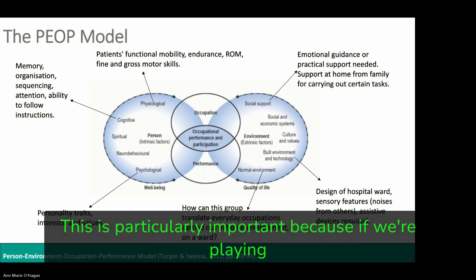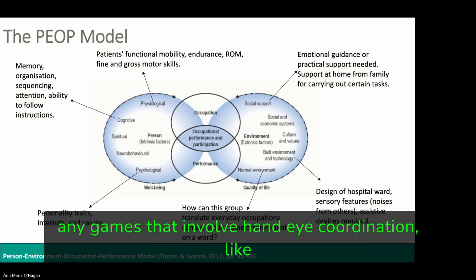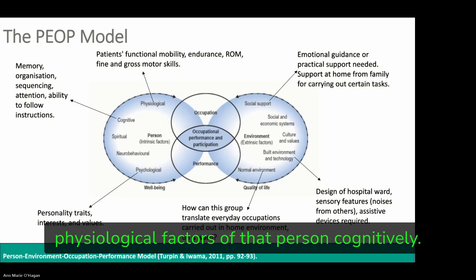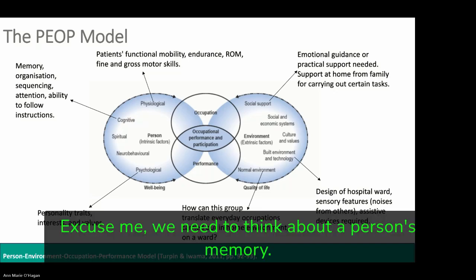This is particularly important because if we're playing any games that involve hand-eye coordination, like throwing and catching a ball, or we need them to sit out, we need to think about the activities that we're doing and the physiological factors of that person.